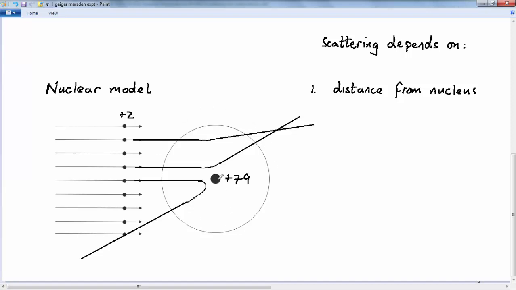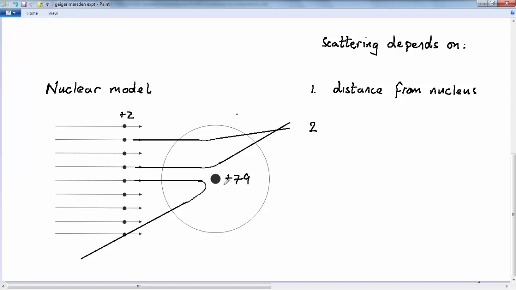In fact, the radius of the nucleus is of the order of 10,000 times smaller than the radius of the atom. So there's a huge amount of space in the atom, which meant that most of the particles could get through with very little deviation, and only a few were going to be repelled completely back in the opposite direction. So the first thing that the scattering depends on is the distance from the nucleus.